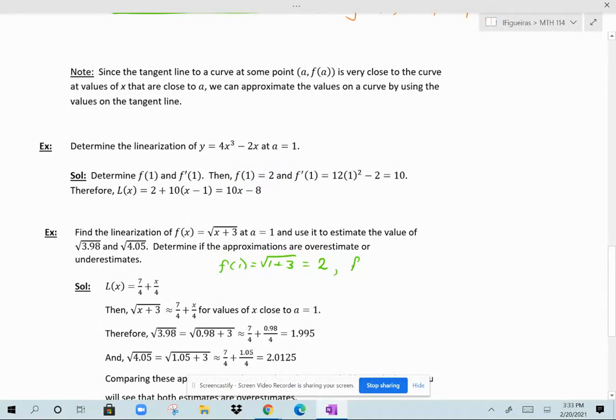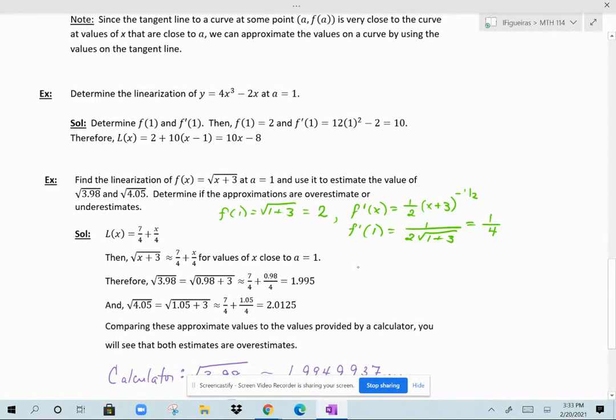F prime of x, remember this is x plus 3 to the 1/2, is 1/2 x plus 3 to the negative 1/2. So when I plug in 1, you'll get 1 over 2 square root of 1 plus 3, and so my derivative is 1/4. So now that I know that the derivative is 1/4 and I know my function value, I'll show you where my answer comes from.